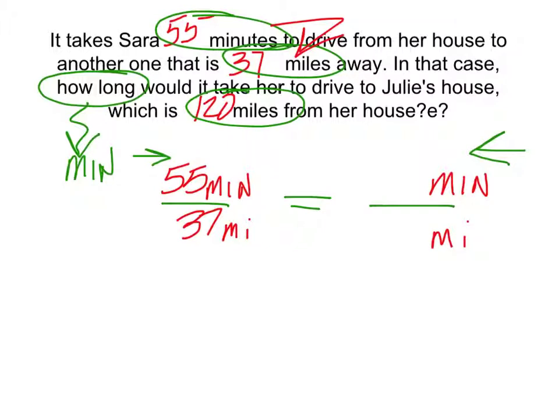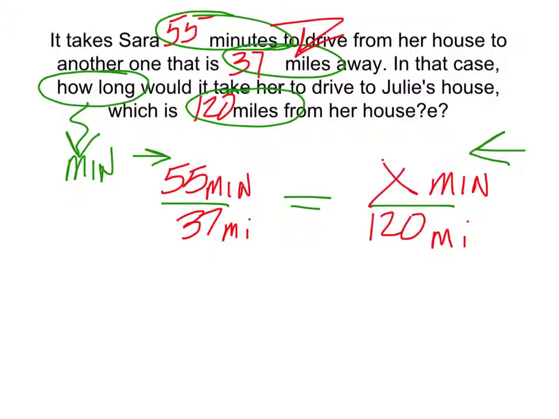How many miles is the trip for which we don't know the time? 120. And what are we missing? The minutes it takes to drive. Yeah, the minutes it takes to drive 120 miles. So what do I put in there if I don't know the number?